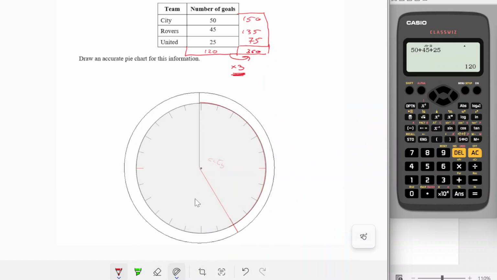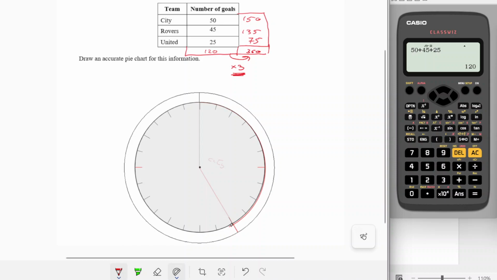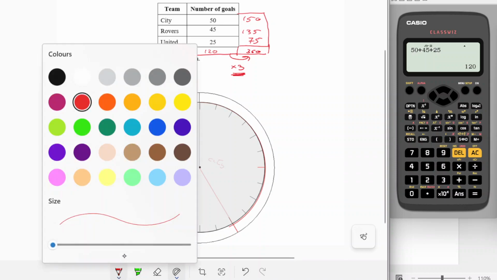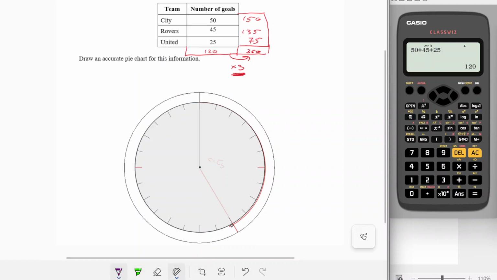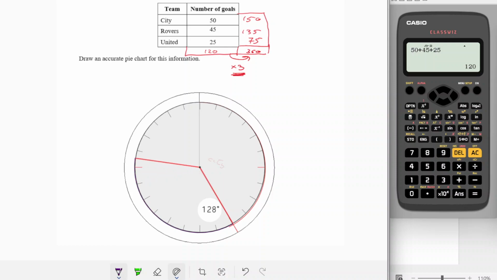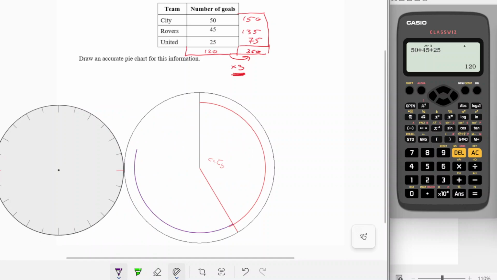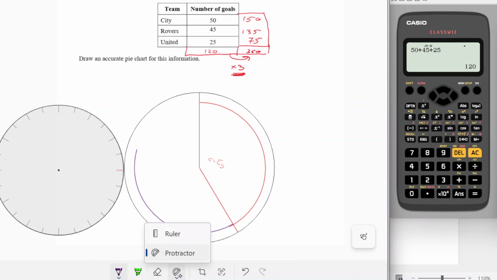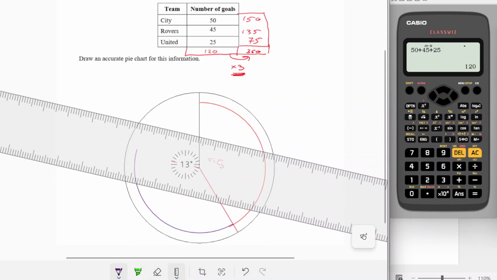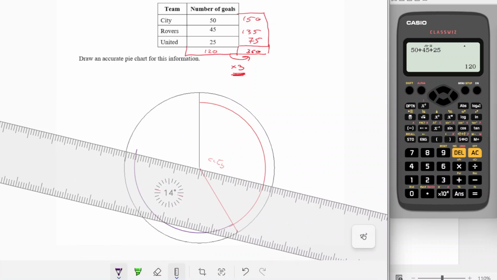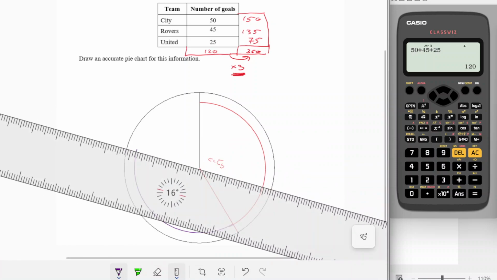Center of the protractor goes on the center of the angle, and then I'm measuring 135. So let's change pen color now, just to show my different section. So starting at 0, going round to 135. Okay, again, gone 1 degree too far. Switch for a ruler. Ruler goes through that point and that point. So that's my next section.